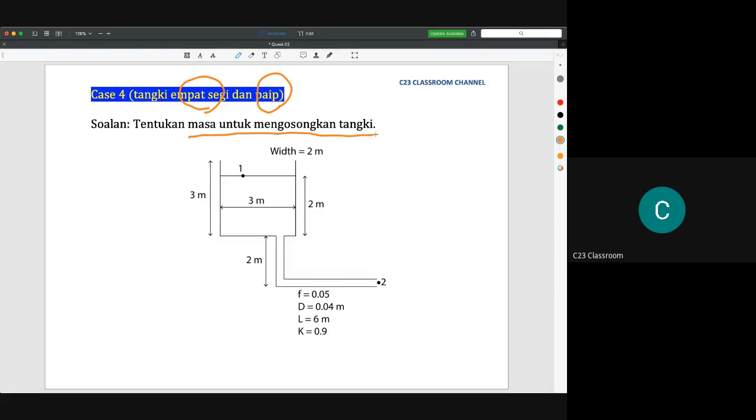Okay, in my tutorial, I will focus on time to empty the tank, but I still have the right to ask you how much volume of water has flowed out. Please note that the calculation of how much water has flowed out actually depends on your understanding.